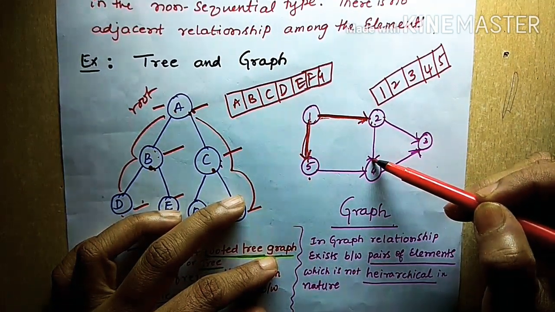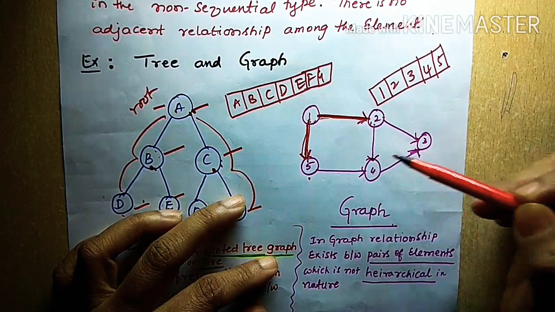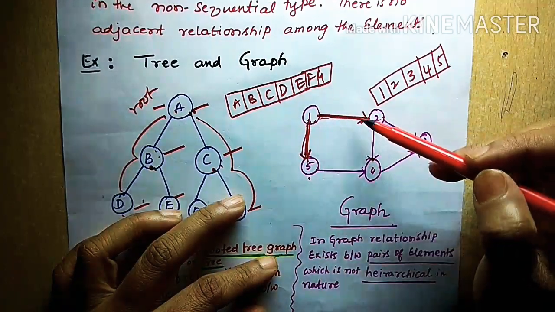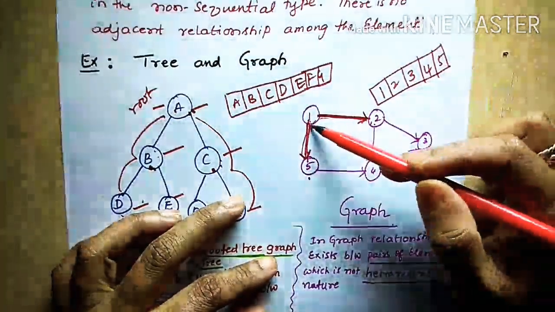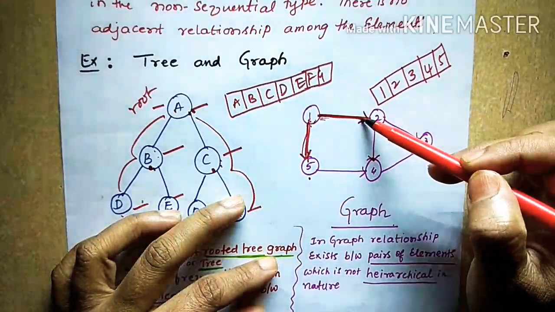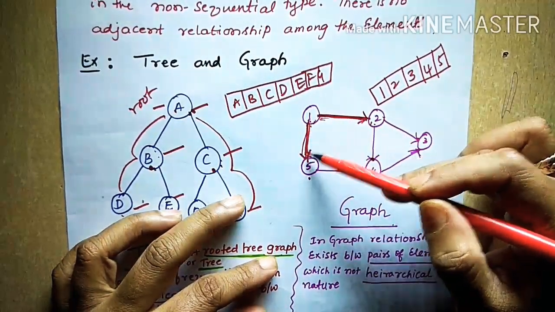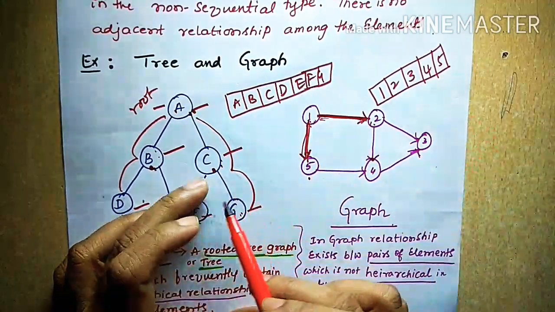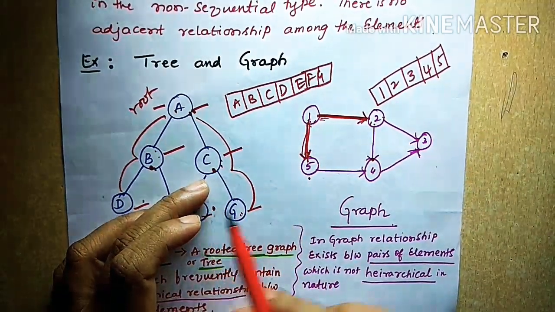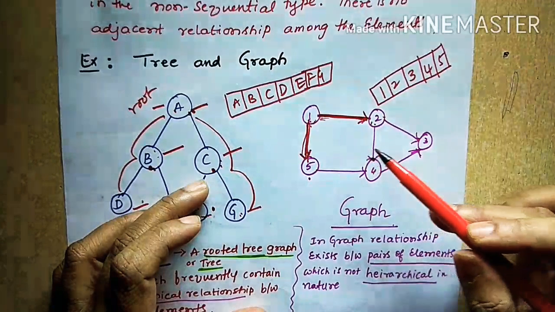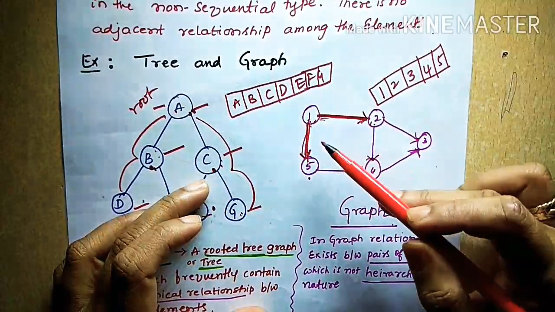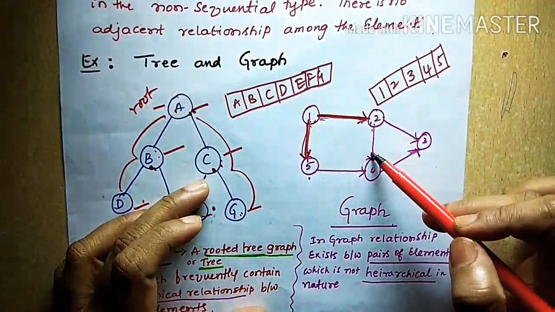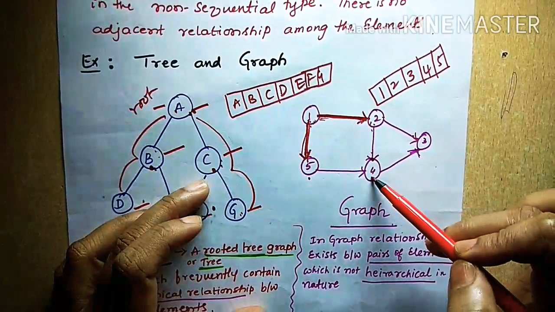In this way, in a graph, a relationship exists between pairs of elements. It does not follow the hierarchical nature. Tree follows the hierarchical nature, while graph has a relation between pairs of elements.